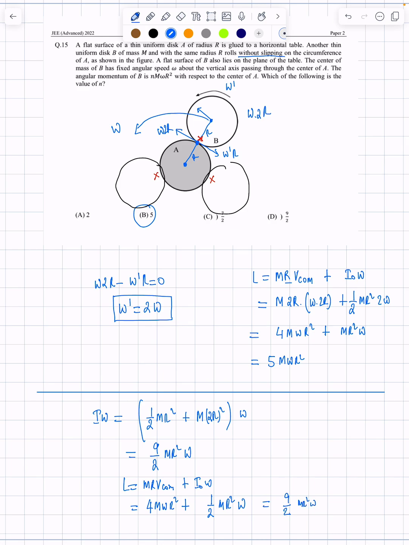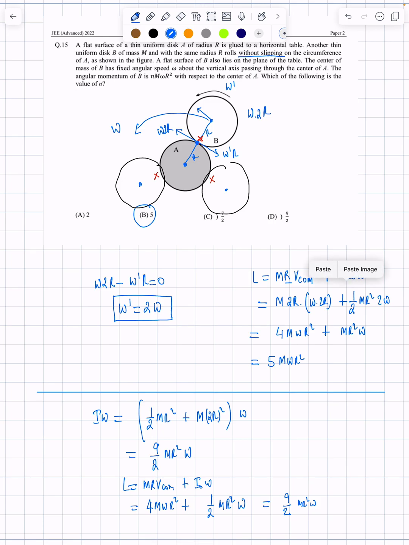The way to see why the disk B is still spinning: you can see the center of mass here. With respect to the center of mass, the red cross is in the southwest direction, but here it's in the northeast, and if you come here it's in the northwest direction. So with respect to the center of mass, the red cross is still moving, and once it makes a full circle around A, the red cross also would have made a full circle.